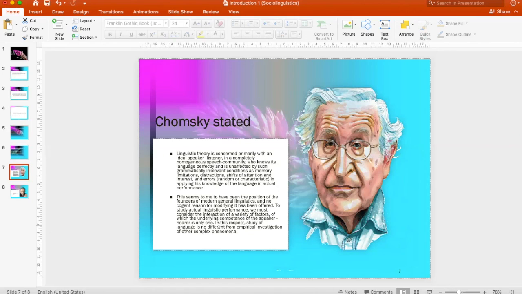Instead of that, the linguistic theory, as Chomsky said, is unaffected. So the language used in society is unaffected by grammatically irrelevant conditions such as memory limitations, distractions, and errors in applying knowledge of language in actual performance.